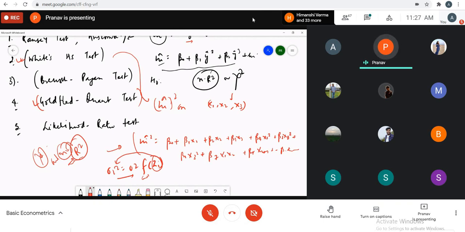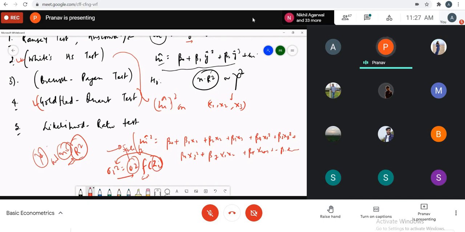What it depends upon is the list of the variables which is thought to influence the error variances. This sigma square is called a scale factor. And then you run a regression consisting of these zi, and again follow the decision rule. We'll discuss this Breusch-Pagan test again next class.